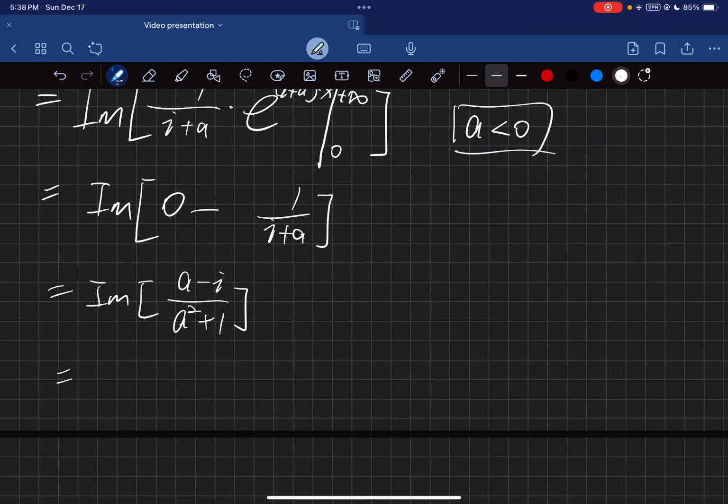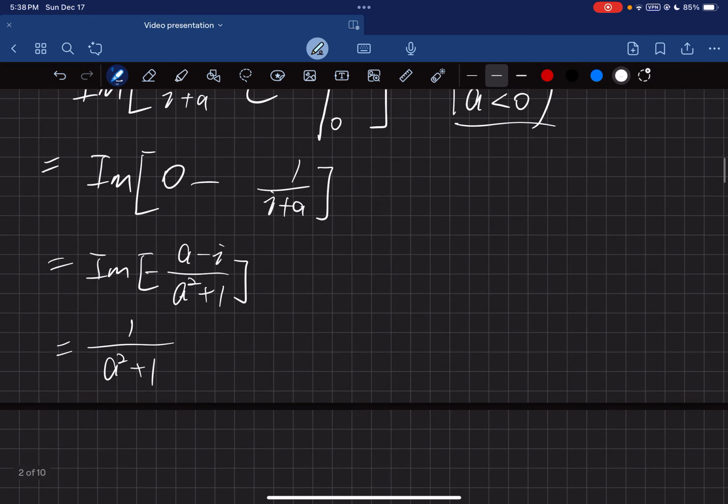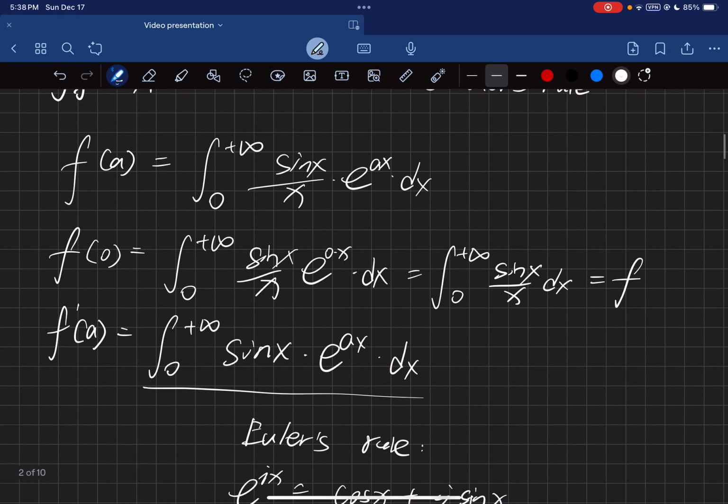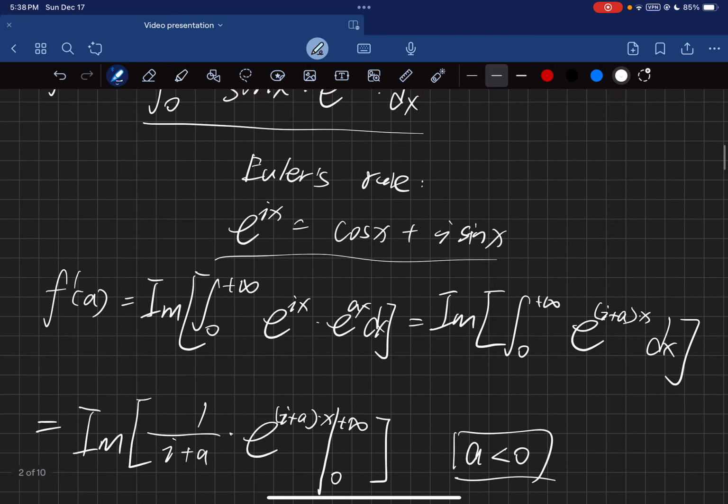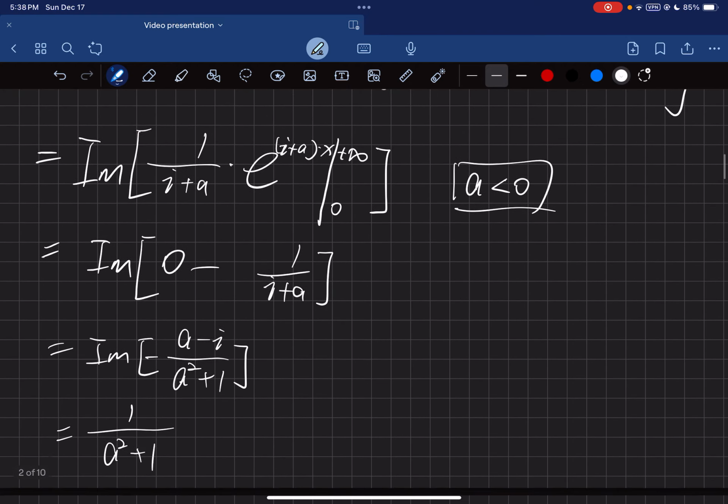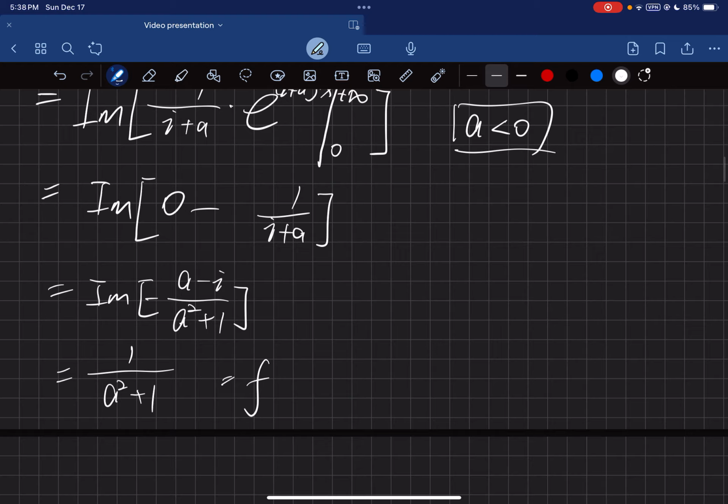So the imaginary part of the complex number is 1 over a squared plus 1. Now we eventually find the value of the derivative of f(a).